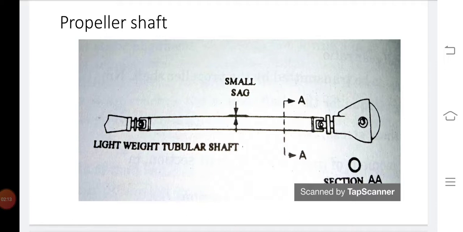The propeller shaft must be strong enough to resist the twisting action of the driving torque, and it should absorb torsional shocks also. It must resist the natural tendency to sag under its own weight, because vibration occurs when the center of gravity does not coincide with the axis of the shaft.